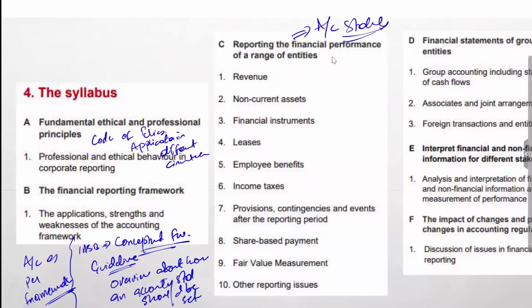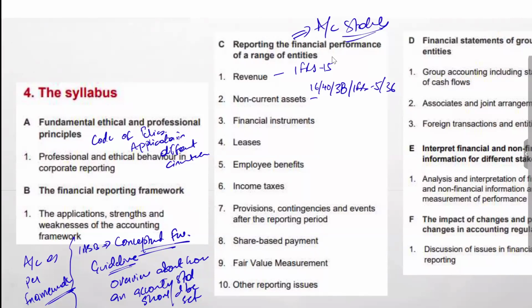But they are examined in more depth and detail at the SBR level. We'll be talking about revenue recognition under IFRS 15, and the accounting standards for non-current assets like IAS 16, IAS 40, IAS 38, IFRS 5, IAS 36 on impairment, etc.